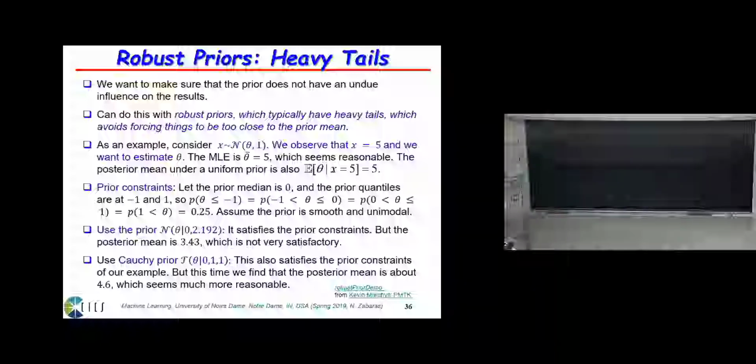So associate robustness with heavy tails. And as we have discussed maybe in another course, distributions with heavy tails are also less prone to outliers. So if you have a data point that is wrong and it's out of nowhere, these prior distributions are robust and don't affect things just because you have seen a weird point.